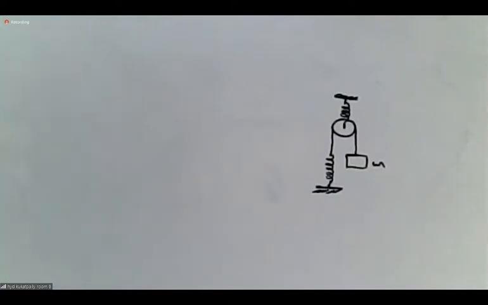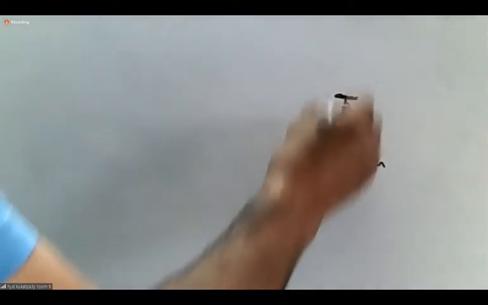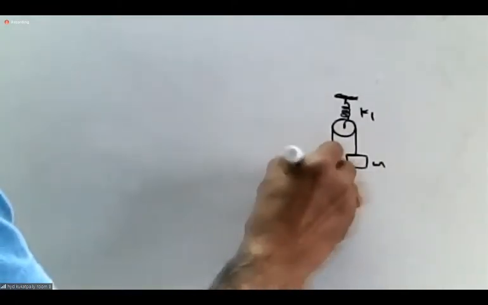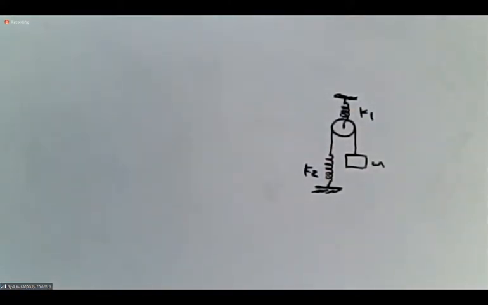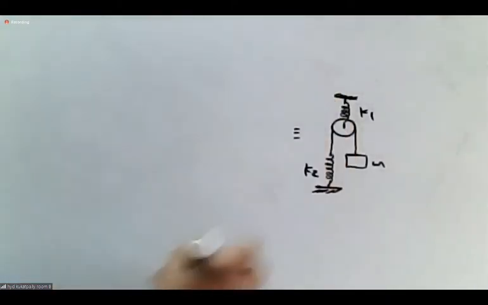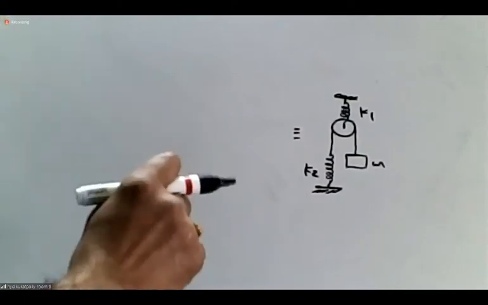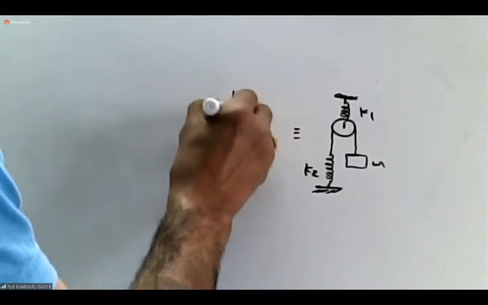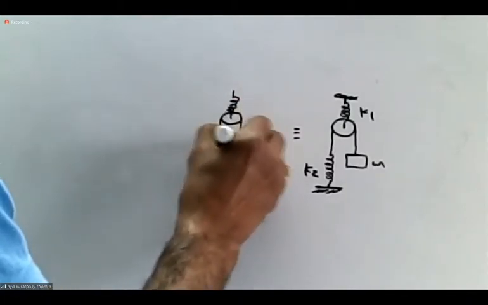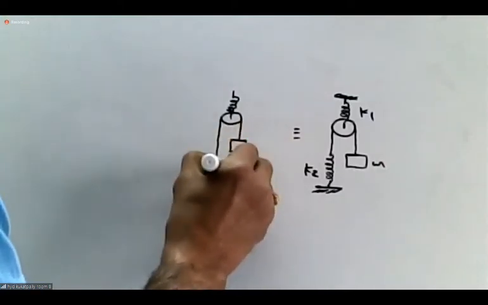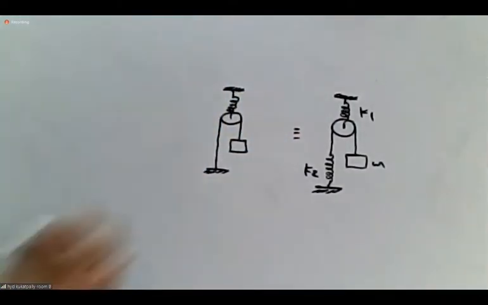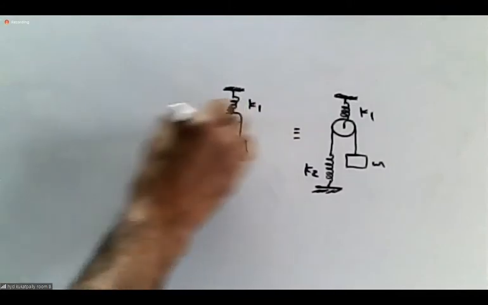Coming to SHM, these springs. Assume that this is K1, this is K2. Two springs are attached to the block and the system is oscillating. This you can split. For our convenience, we will keep one spring at a time and remove the other spring.